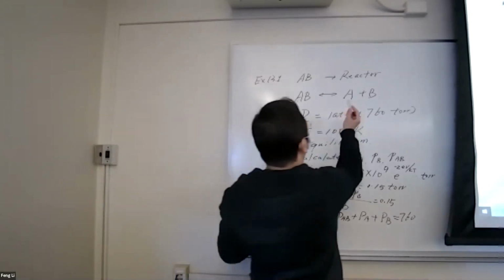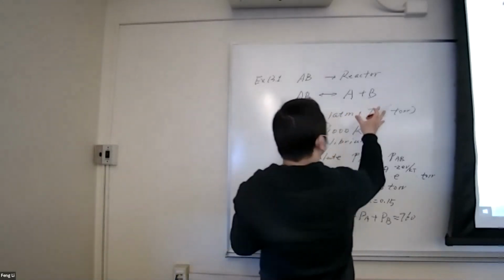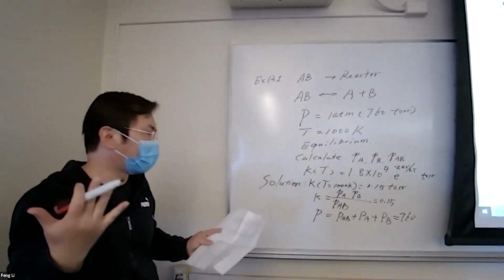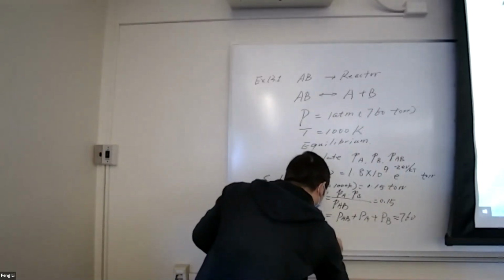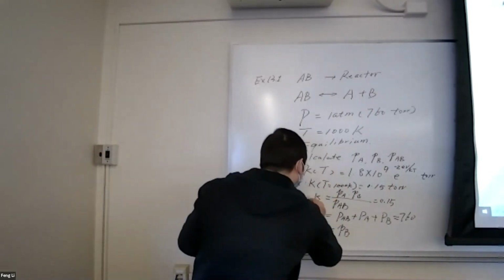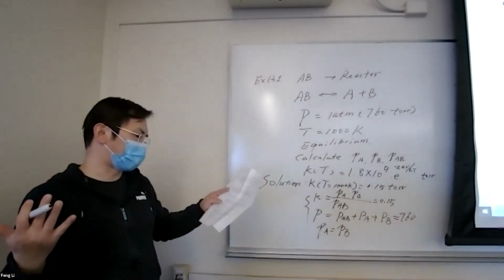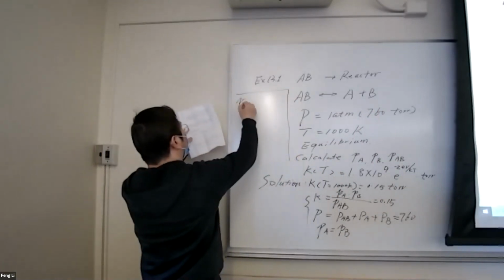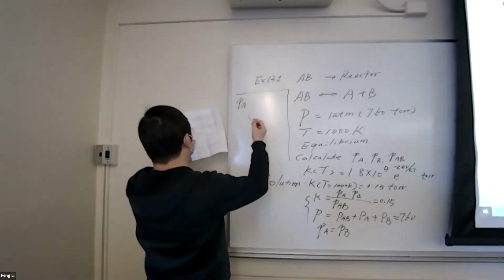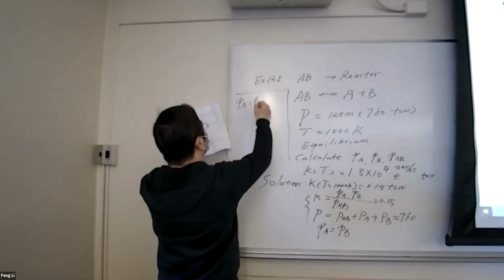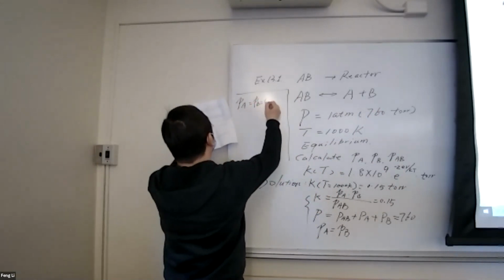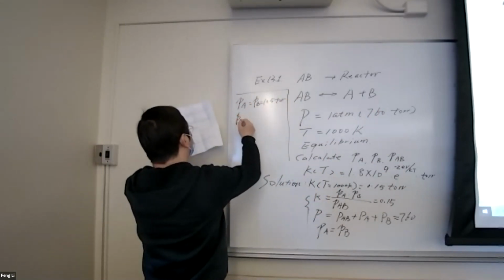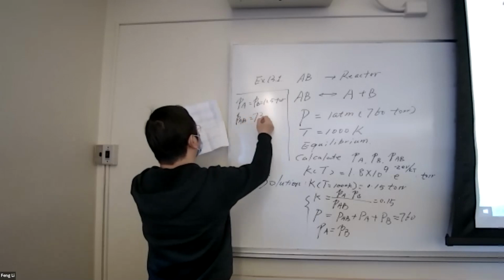For the third equation, A and B are produced in the same number, 1 to 1, so we can expect that PA equals PB. Then we have 3 equations and 3 unknowns, so I can calculate. This is a simple calculation. PA equals PB, which is 10.54, and then PAB can also be found, 739.